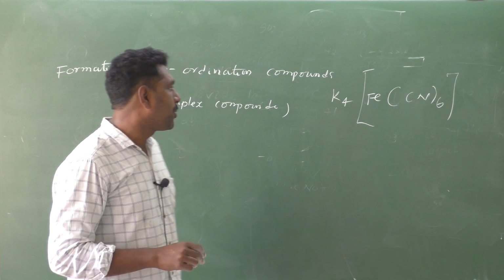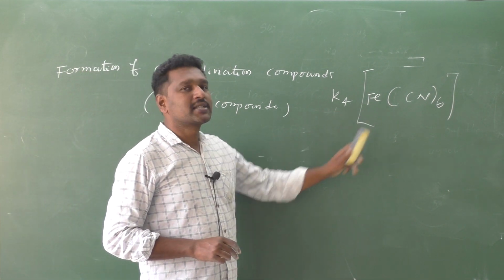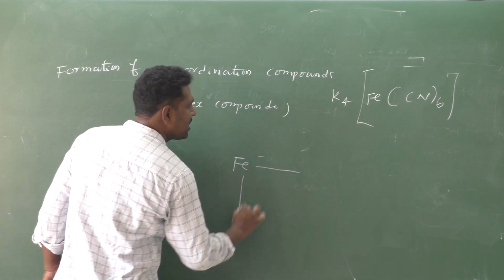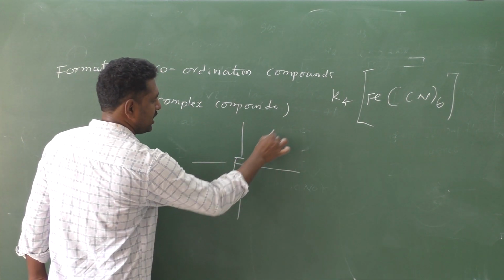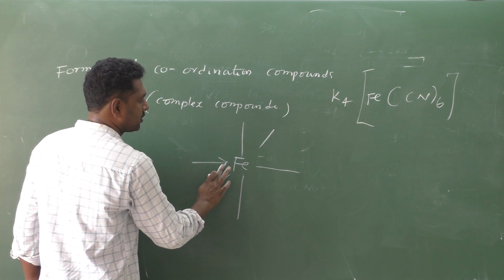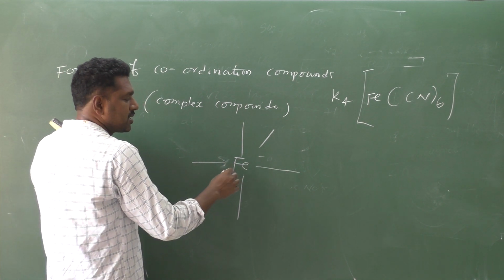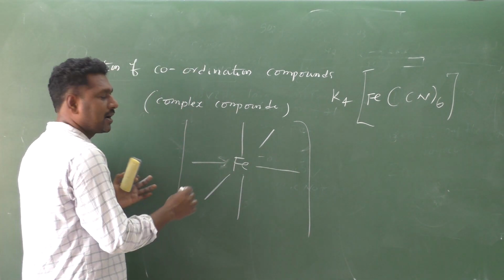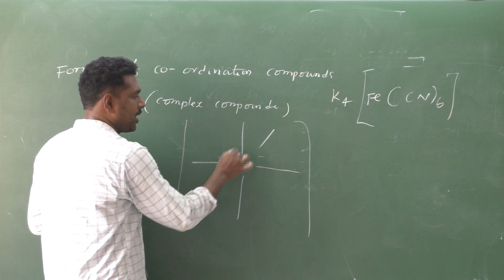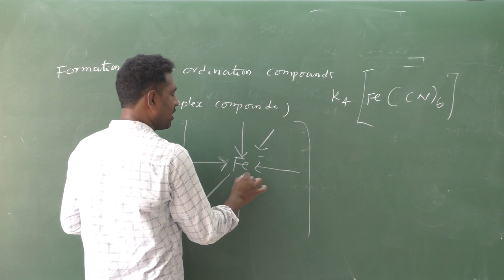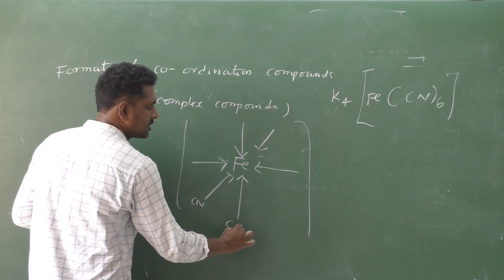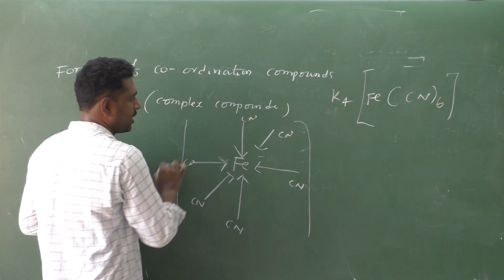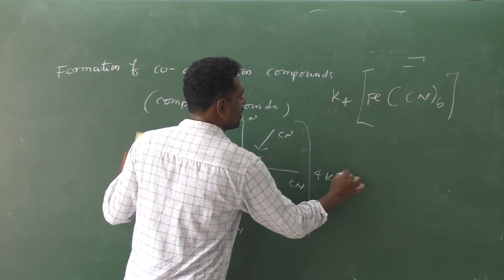In this complex compound, the d block element acts as a central atom. It is in the center, with six cyanide groups and 4 K plus ions.